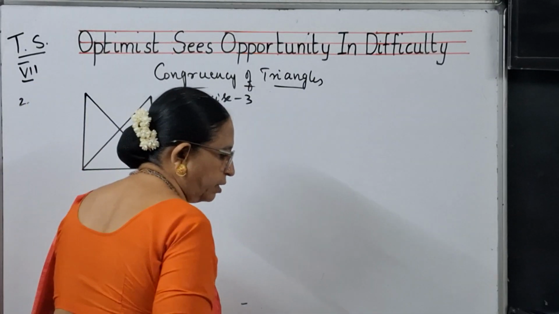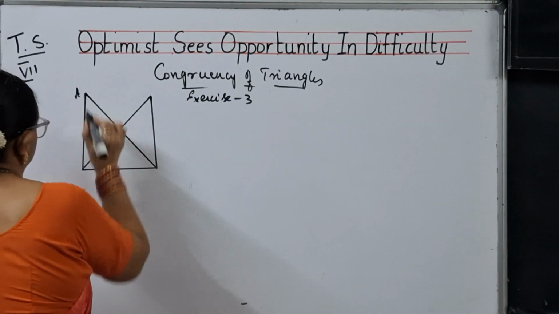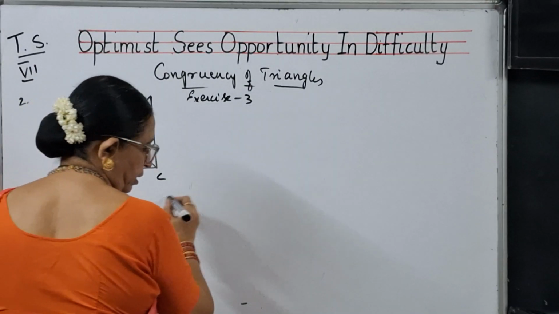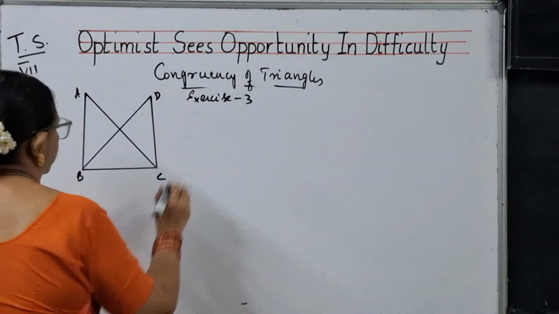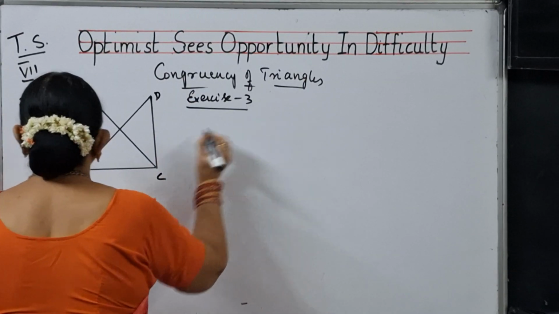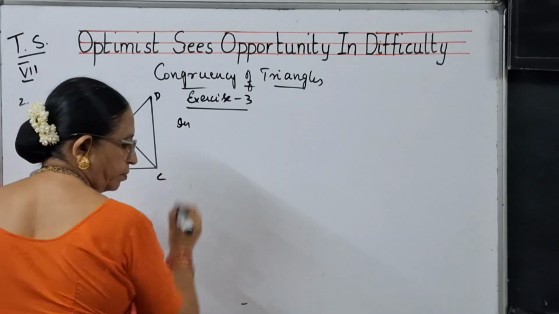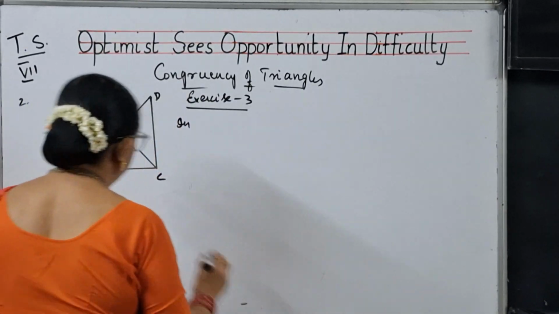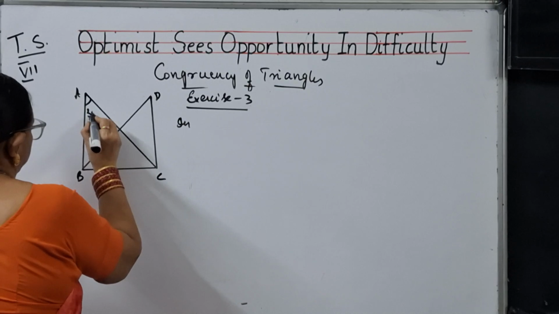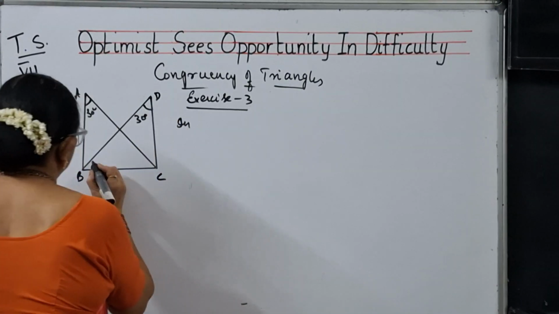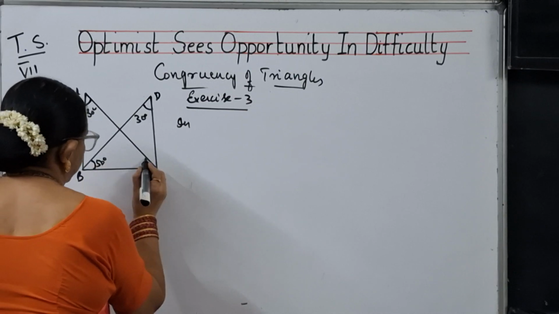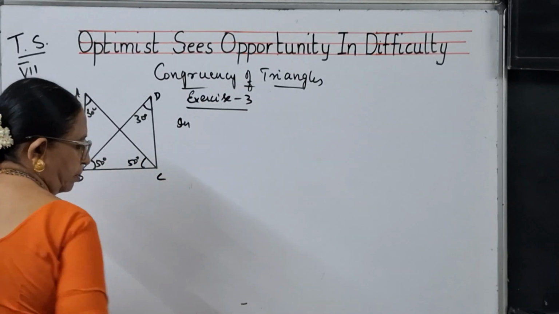These are the two triangles A, B, C, D. This is the second problem. This is 30 degrees they have given. This is 30 degrees. This is also 30 degrees. This is 50 degrees and this is 50 degrees.